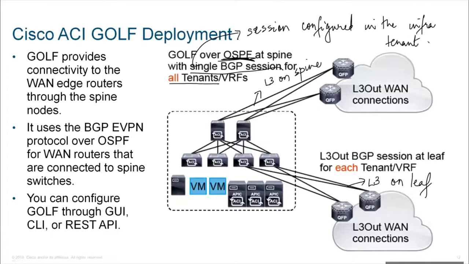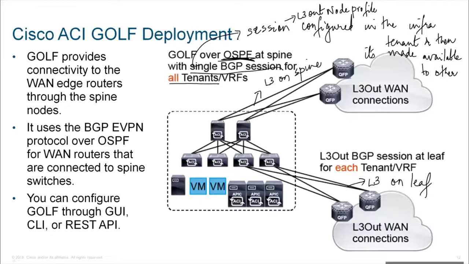And then for those layer 3 out connections, the session will be called your layer 3 out node profile under layer 3 out connections, and then it's made available to others. This is ideal for a provider environment where you would have a lot of tenants.